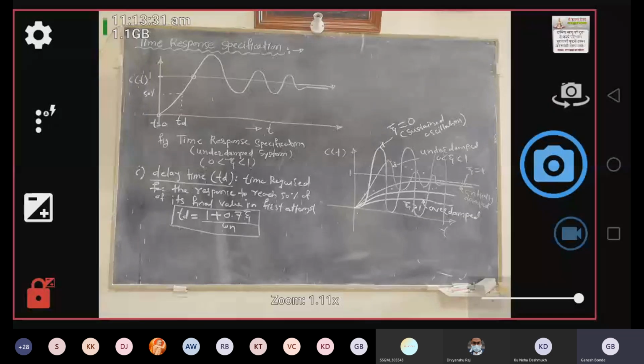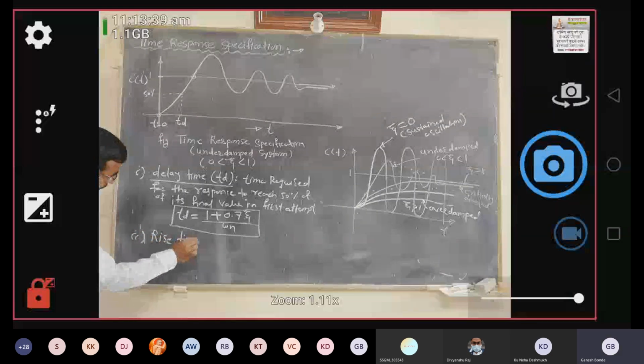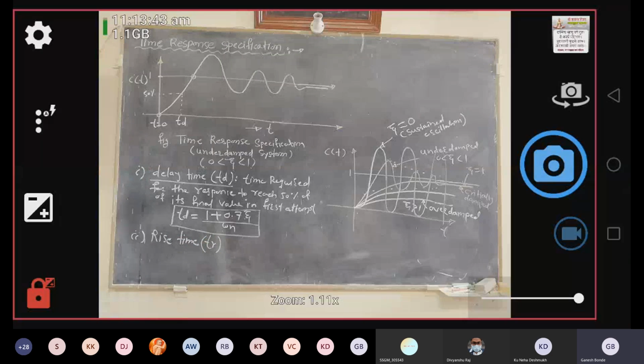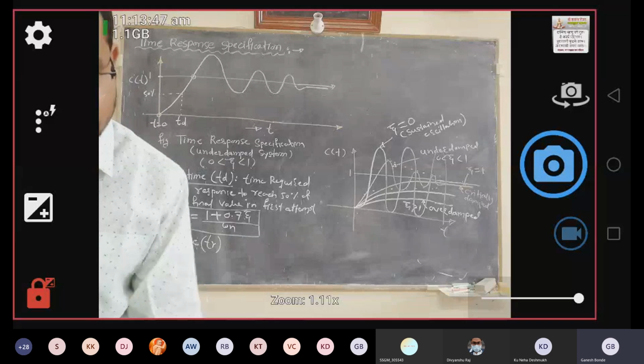Then the second time response specification is the rise time, denoted by tr. What is the definition of rise time?